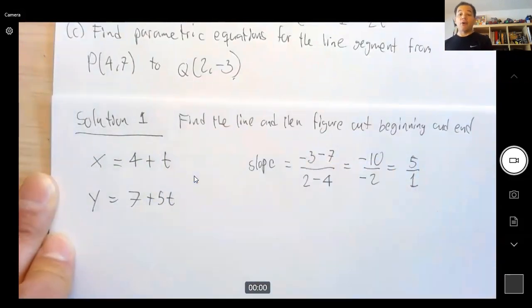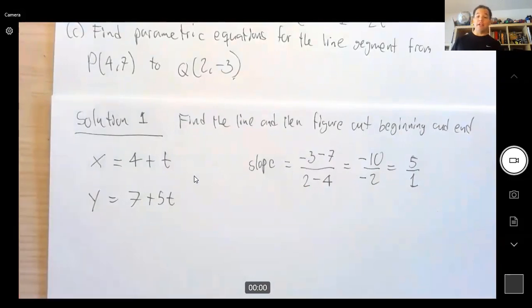All right. Now, if we put t from -infinity to infinity, the entire thing, then it's going to be all the line. But I don't want all the line. I want only the line segment, right?